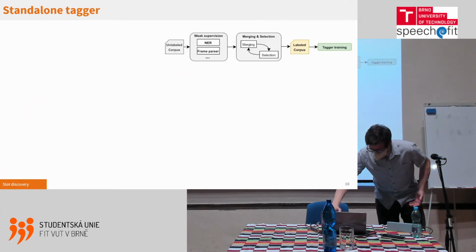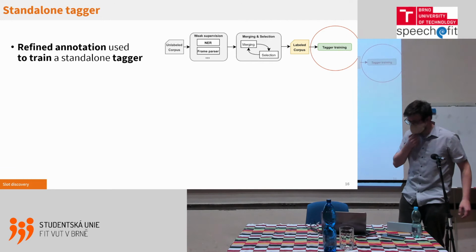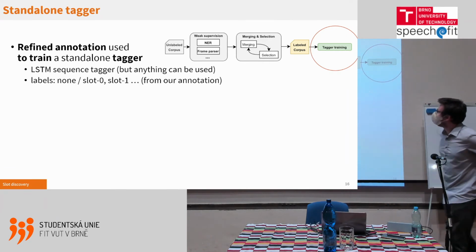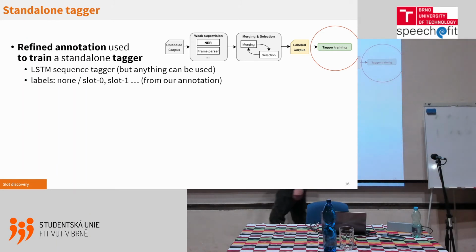And for the annotation, we then train a standard tagger, which is nothing special. We just used a simple LSTM sequence tagger, where the labels were either nothing or our merged slots.